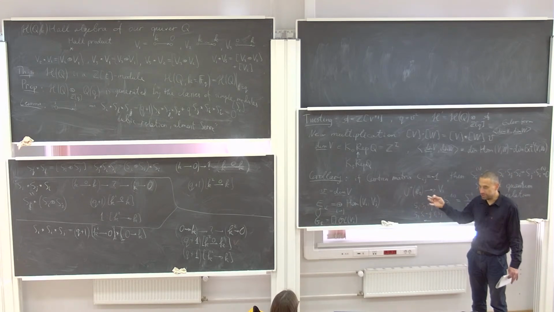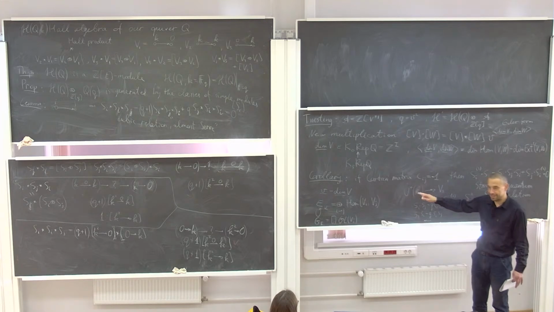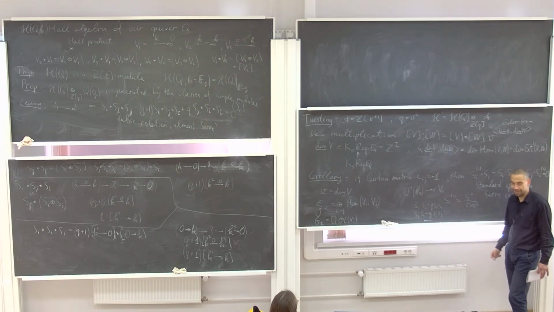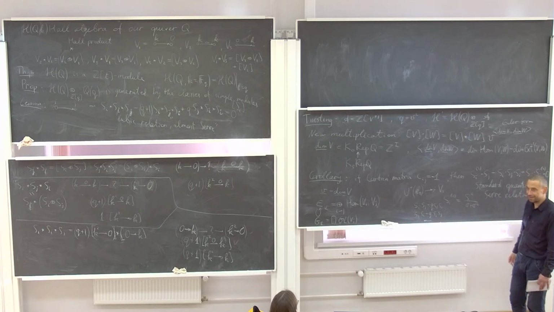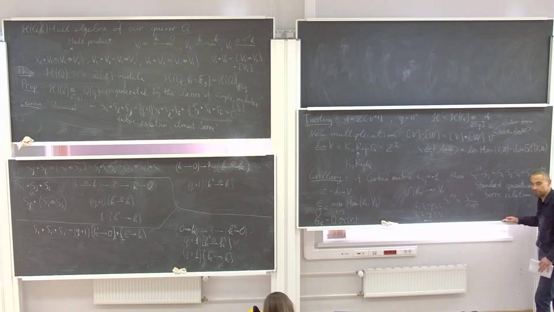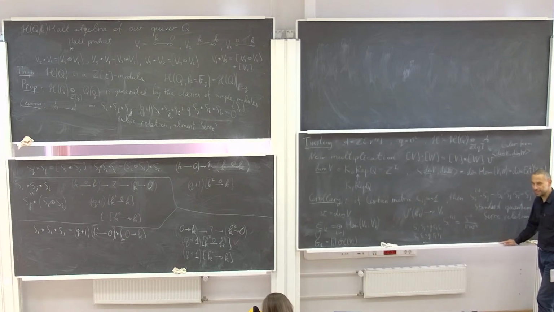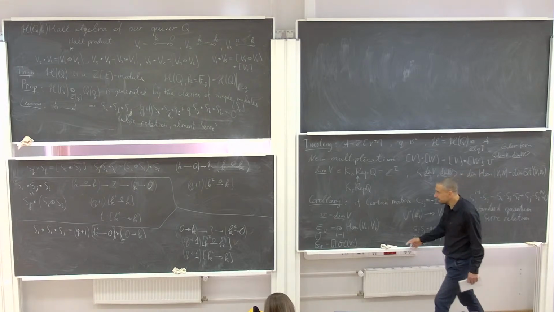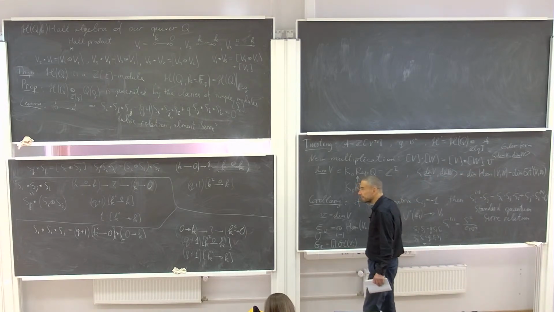It also simultaneously produces the canonical basis in all the finite dimensional irreducible representations. And there are many more wonderful properties of this canonical basis. So I strongly advertise this. Okay, so now we are done.